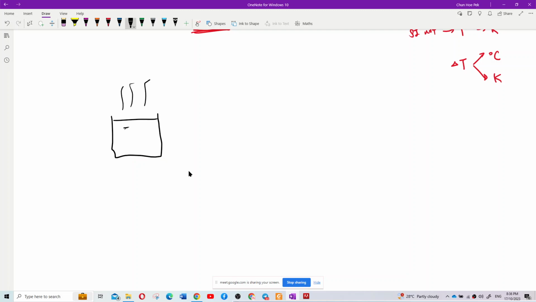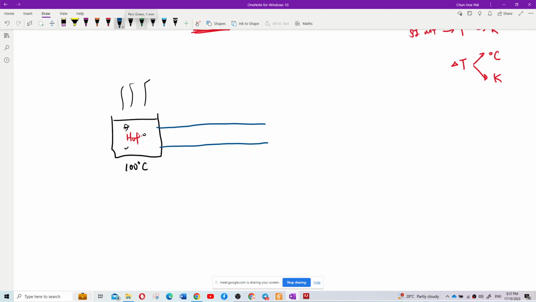You boil it, at 100 degrees Celsius, so it's hot. It's a hot water bath over here, and then there's a metal rod here.